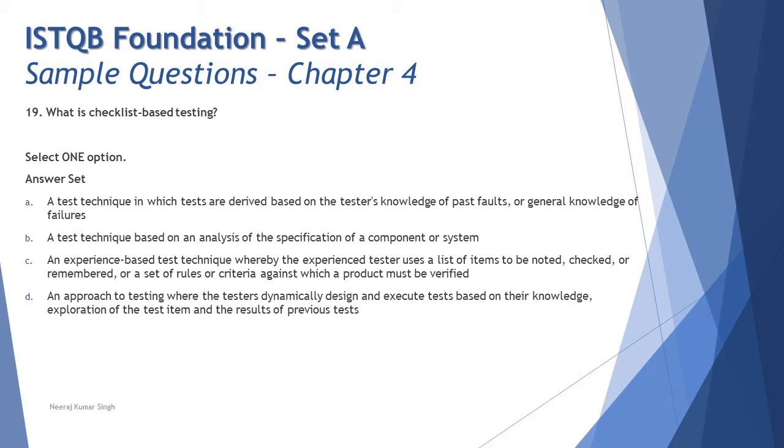Let's look at option C: an experience-based test technique where the experienced tester uses a list of items to be noted, checked, or remembered, or a set of rules or criteria against which a product must be verified. Now that appropriately meets the exact definition of checklist-based testing. It fulfills all the need of it.